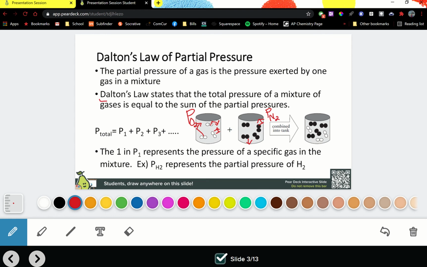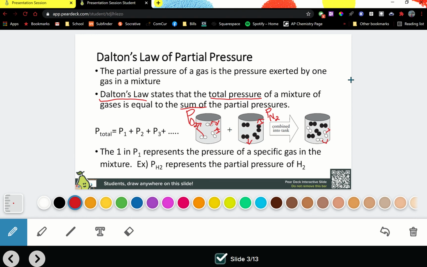So Dalton's law states that if we were to put these gases together and combine them in the same size container as they were before, the total pressure of a mixture of gases is equal to the sum of the partial pressures. Basically, if I took this oxygen, let's pretend, and put it into this container, those oxygen molecules are going to bounce off the sides of the container just as much as they were before.